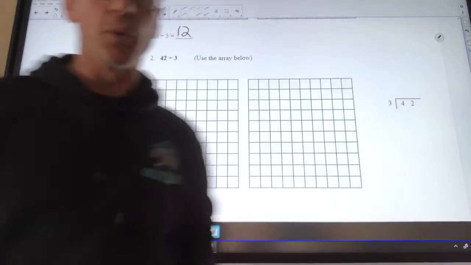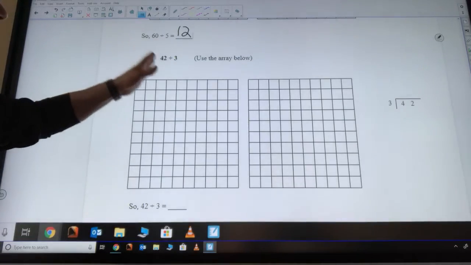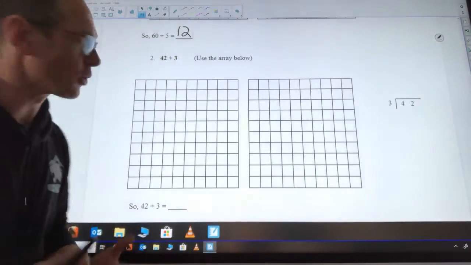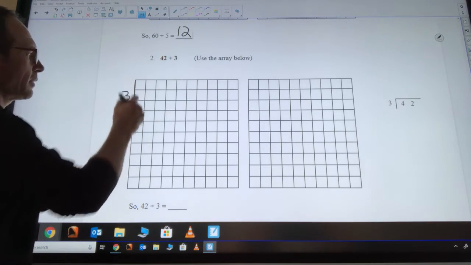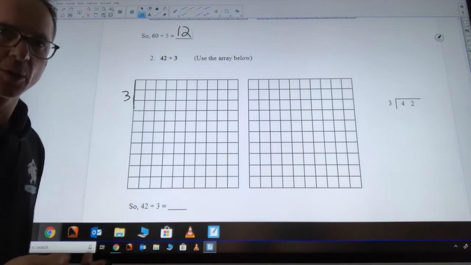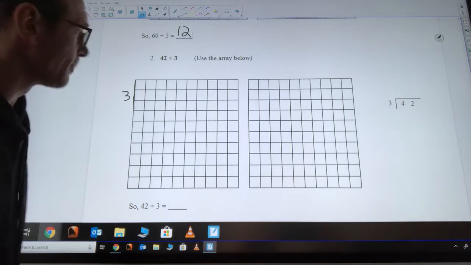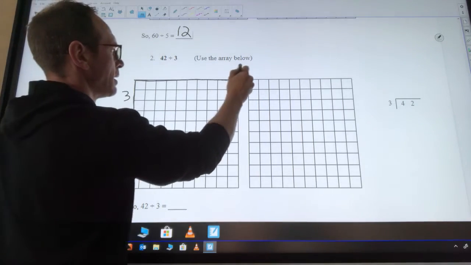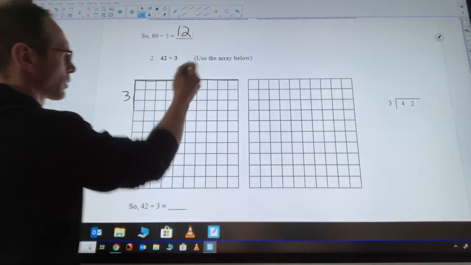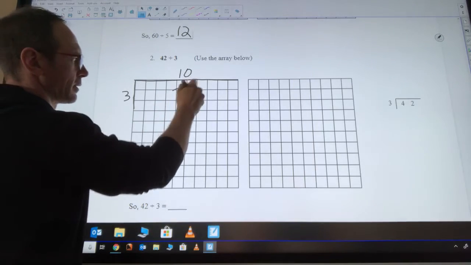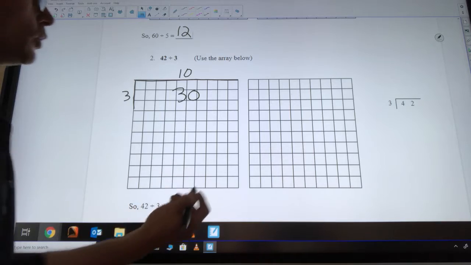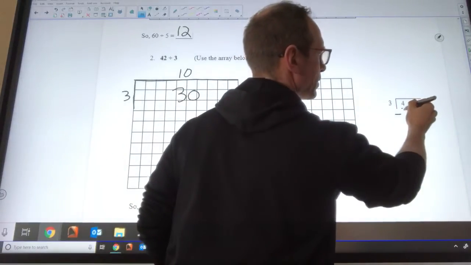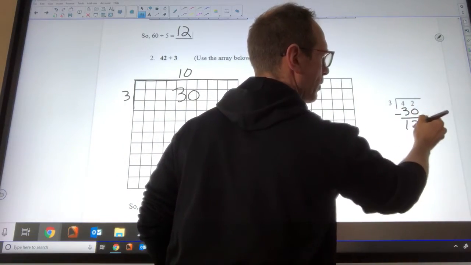So number 2 asked you to do 42 divided by 3. How many 3's does it take to get to 42? The first thing I know is that it's going to be more than 10, because 10 times 3 is 30. I'm trying to get to 42, and I know 42 minus 30 is 12.